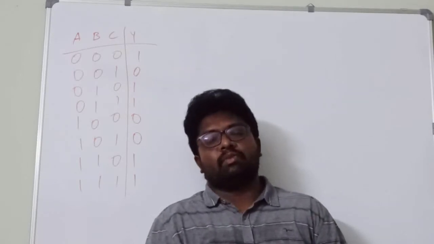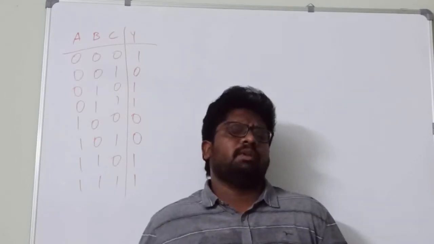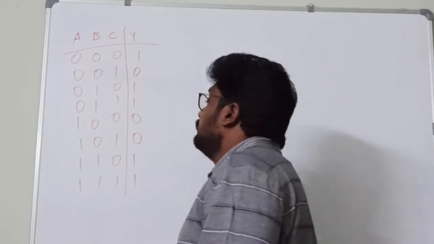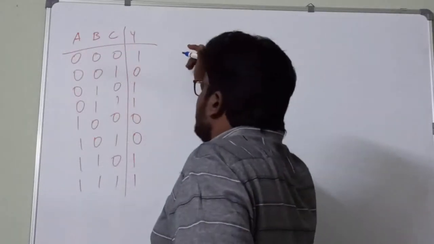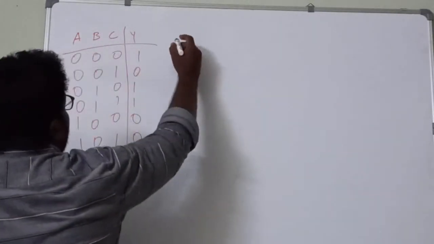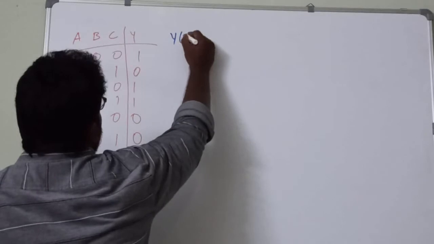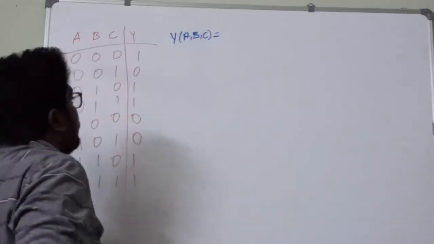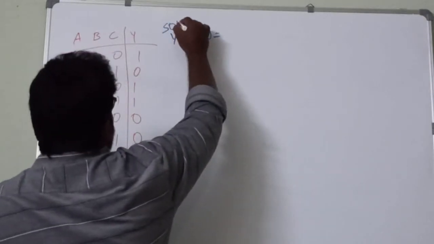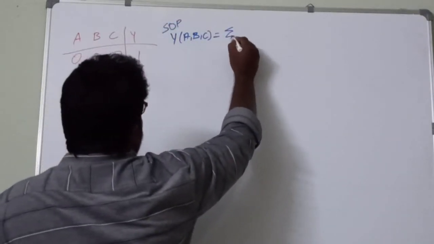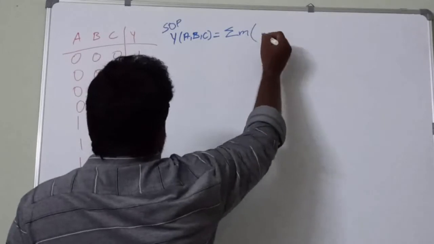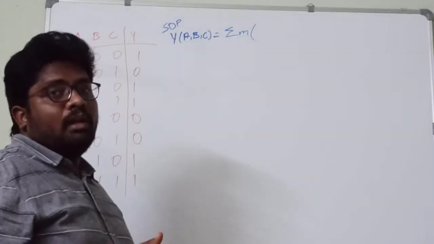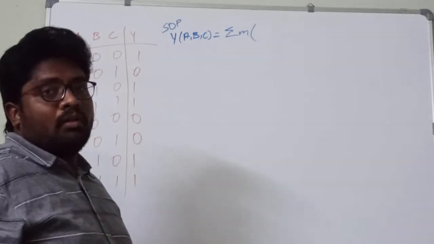Here is another example, a truth table, and by using this truth table we are going to perform both the SOP form operations and the POS form operations, right? So first of all, let us represent this expression as y of A, B, C is equal to, in SOP form, this will become summation of small m. In SOP form we will be using the higher outputs, or ones.